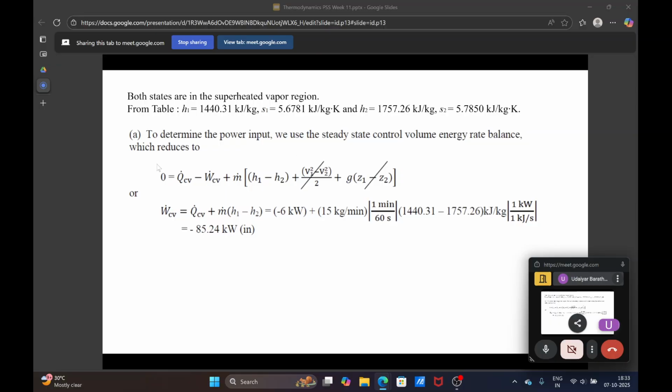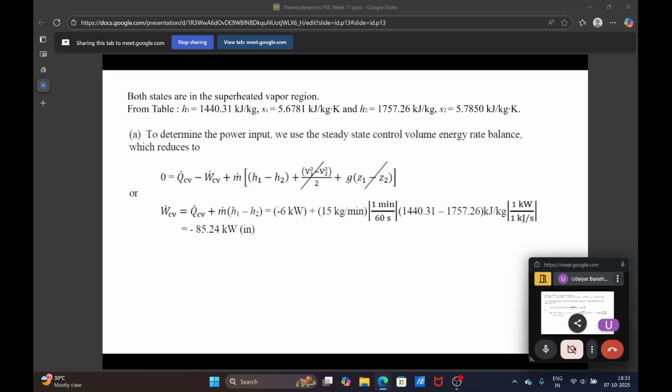The rate of heat transfer, or the heat ejected by the compressor, is given. What we need to find is the work applied to the compressor, which is WCV. Since we know the inlet and outlet conditions, we know the enthalpies, so the only unknown is the power supplied to the compressor. So WCV is QCV plus m dot (H1 minus H2), and QCV is minus 6 kilowatt since heat is rejected from the compressor to the ambient.